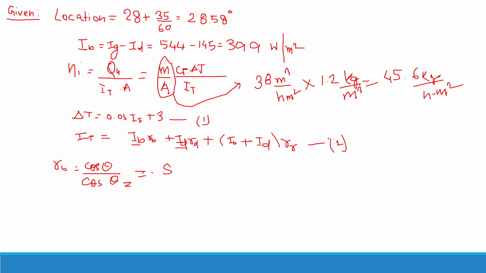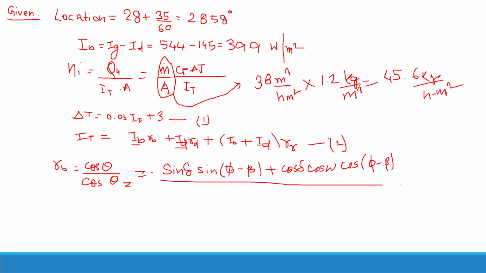If you expand it, it comes out to be sine delta sine phi minus beta, plus cos delta cos omega cos phi minus beta, upon, can anyone confirm me, sin phi sin delta plus cos phi cos delta and cos omega.